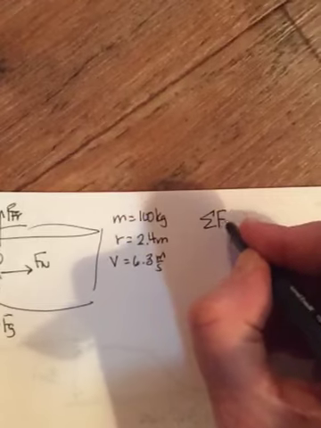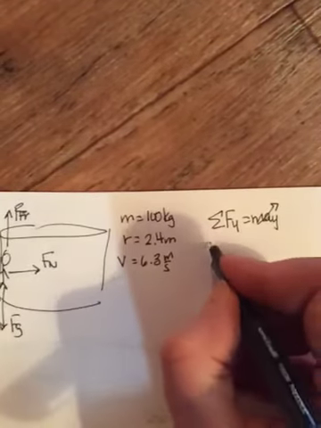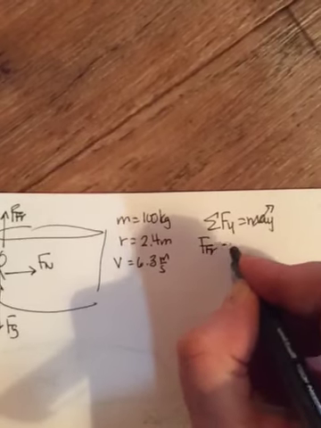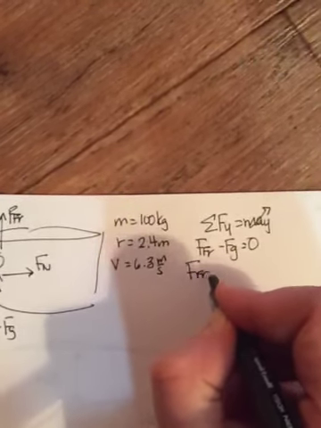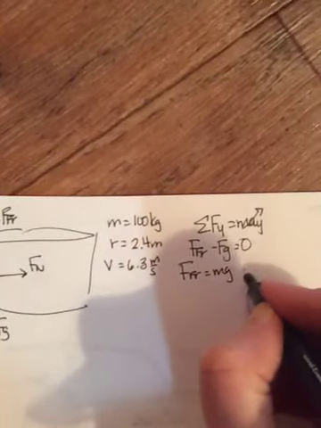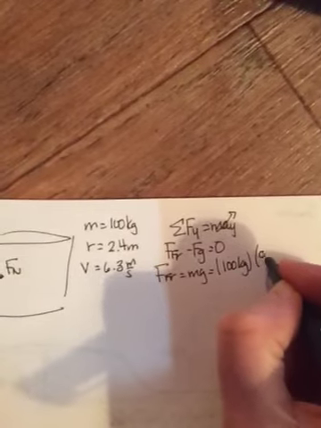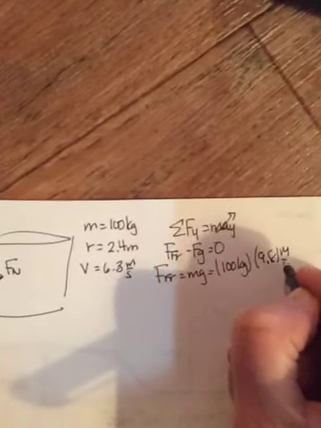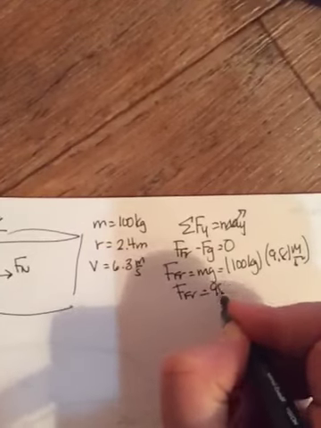The sum of the forces in the y equals ma_y, and if he's not sliding, this is 0. So acting up will be friction, acting down will be gravity. So friction needs to equal his weight. So 100 kilograms times 9.81 meters per second squared. Friction should be 981 newtons.